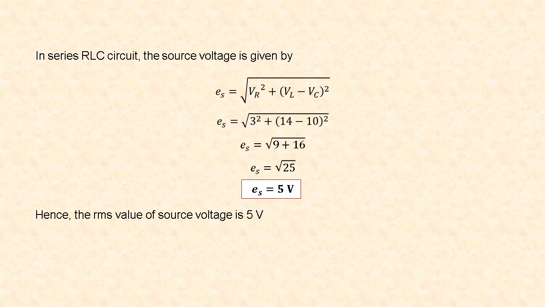Substituting VR as 3 volt, VL as 14 volt and VC as 10 volt, we have ES is equal to square root of 9 plus 16, which is equal to square root of 25, which is equal to 5. So the RMS value of the source voltage is 5 volt.